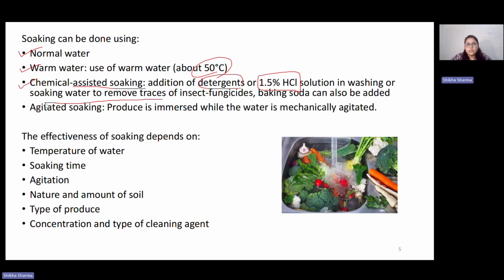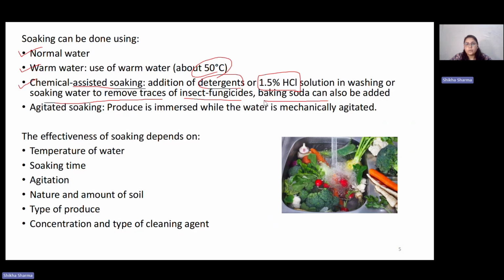When we are soaking, it can also remove traces of some pesticides, insects and fungicides.